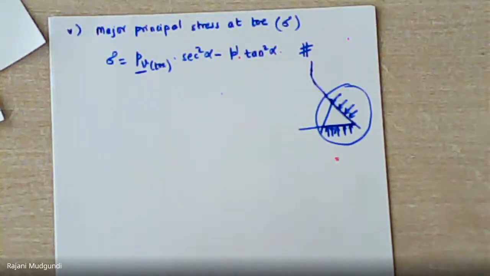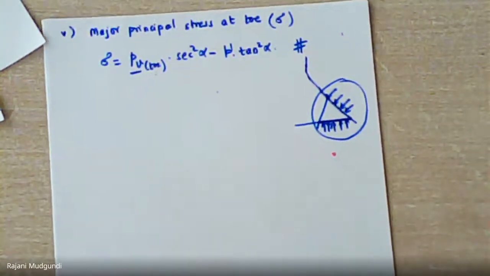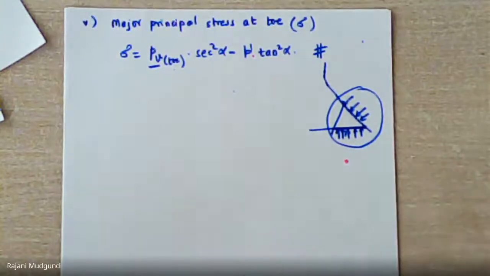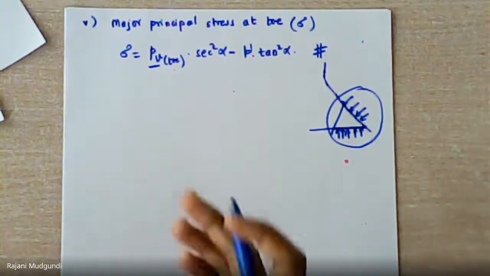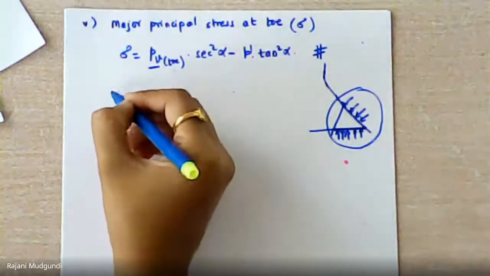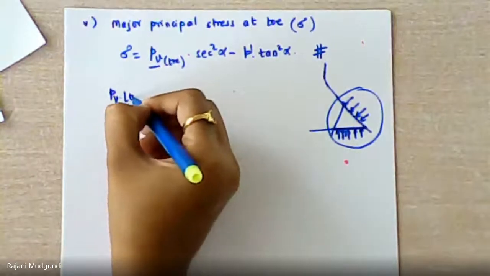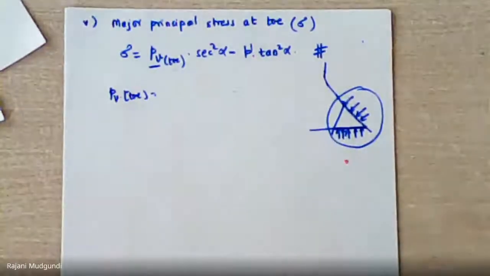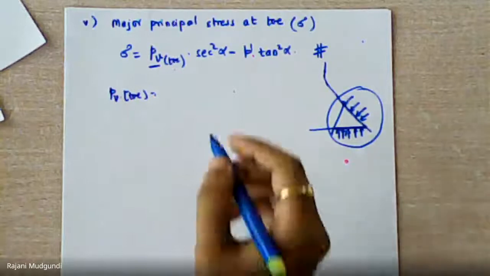So for your understanding, I will provide you the derivation of that part, but that too in a handwritten form. I am not going to explain regarding this. Here PV at toe, that is vertical stress at toe, is known to us.